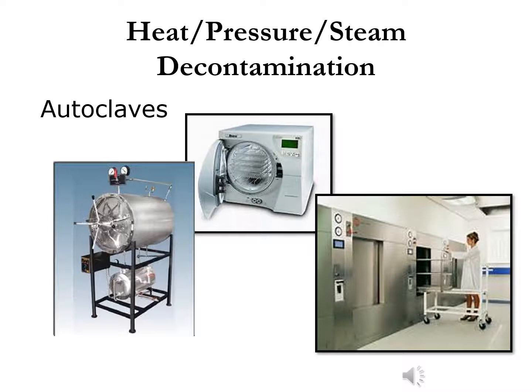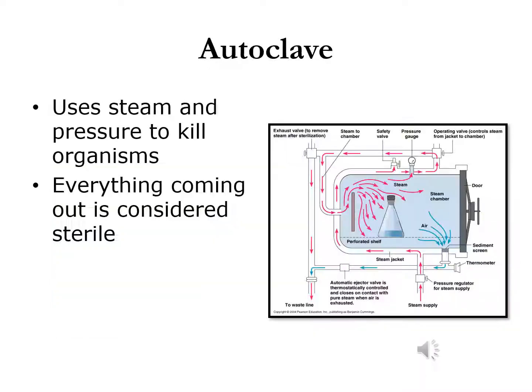Okay, let's talk about heat and pressure decontamination. Generally, what you'll be using, or what is used, are autoclaves. And the 3 autoclaves on this slide are just different types for different purposes, but they all work on the same principle. An autoclave uses high pressure and high temperature steam to kill all pathogens.